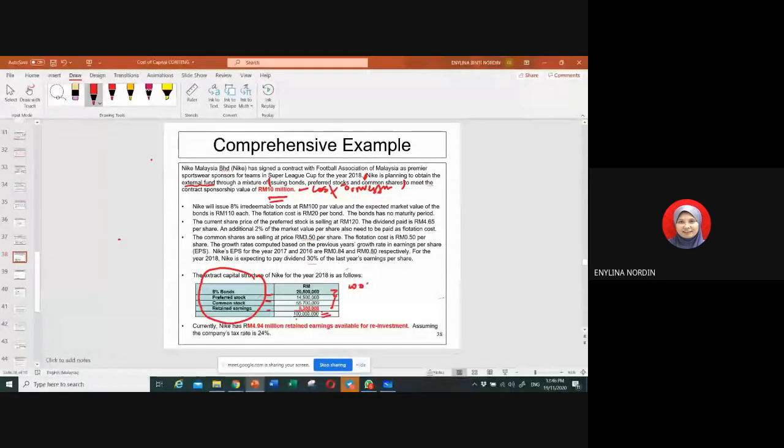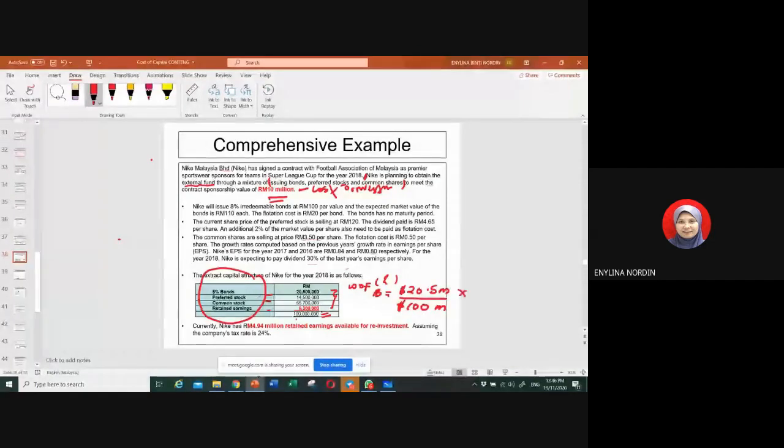So how to determine the WOF? So we take, let's say, bonds. Kita ambil bonds. Bond equals to how much the value of bonds contributes to the total capital. It is 20.5 million ringgit, right? Contributes to the total of 100 million ringgit. Multiply by 100%.